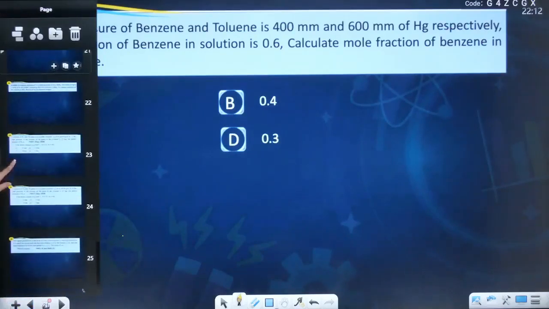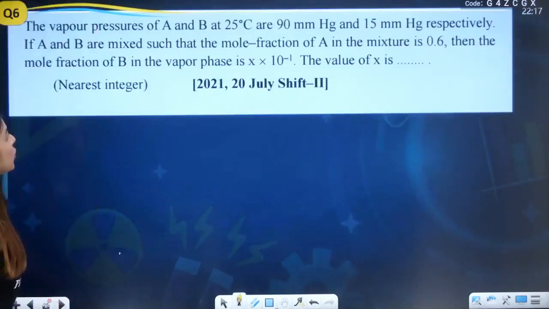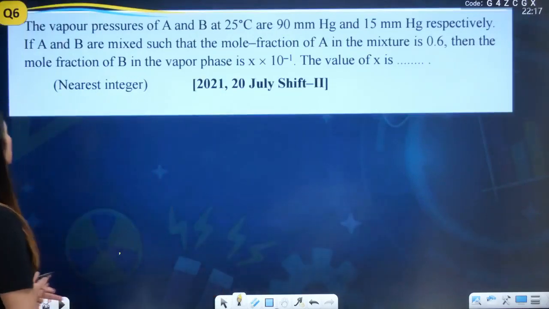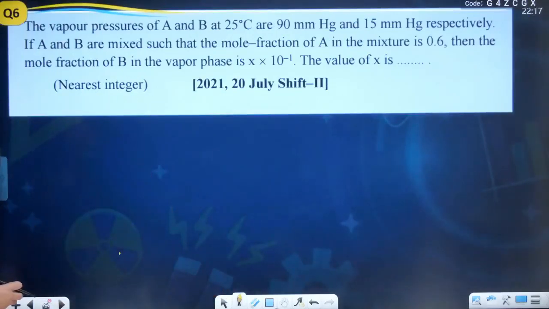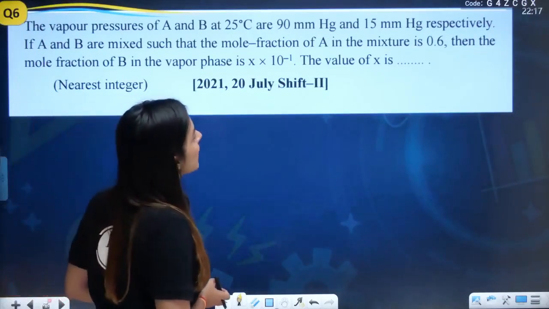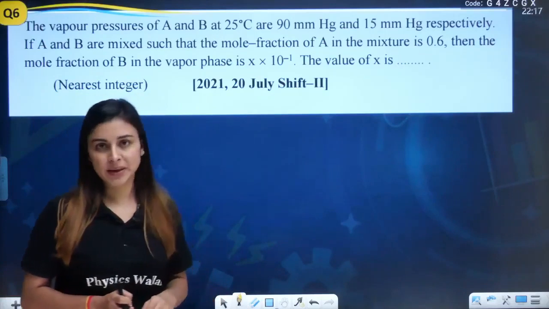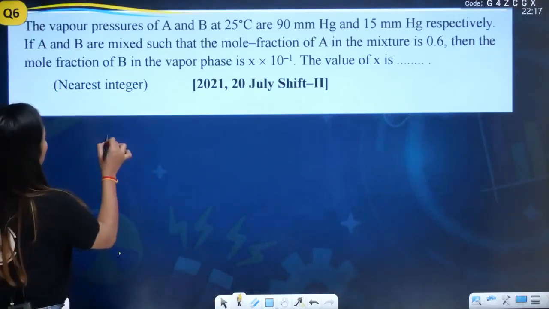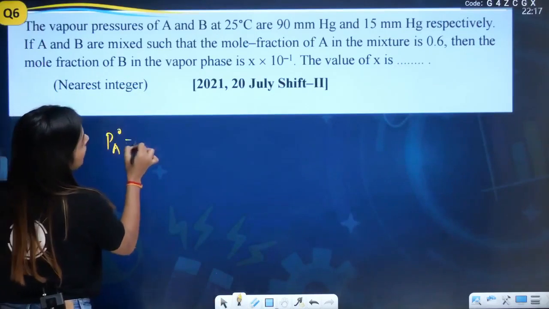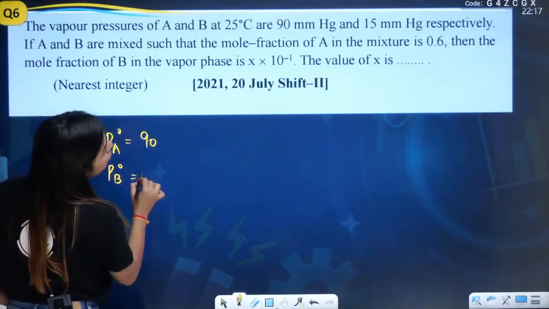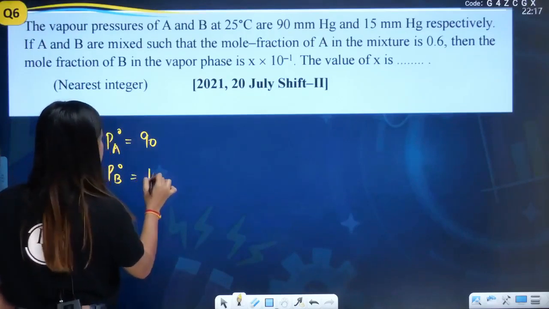Yes, I hope you're clear. Let's move forward. Next question is here. Again, you have to try this question. What does this question say? The vapor pressures of A and B at 25 degrees Celsius are 90 mm of Hg and 15 mm of Hg respectively. So you have been given PA naught equal to 90 and PB naught equal to 15.